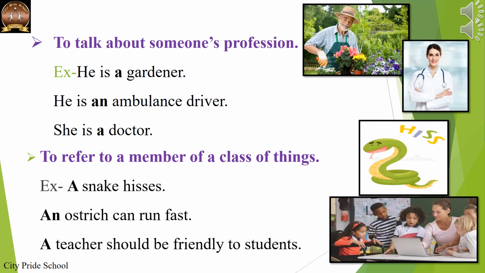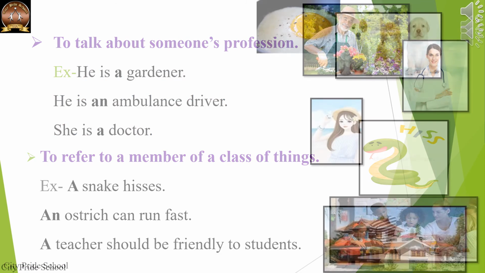Another example, an ostrich can run fast. An ostrich in this sentence refers to a member of the entire class. A teacher should be friendly to students. So this teacher is representing a member of the entire class.